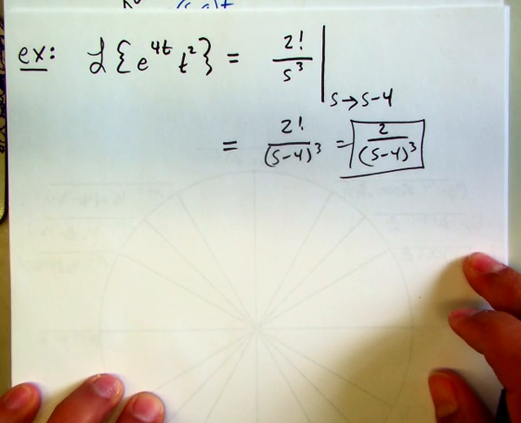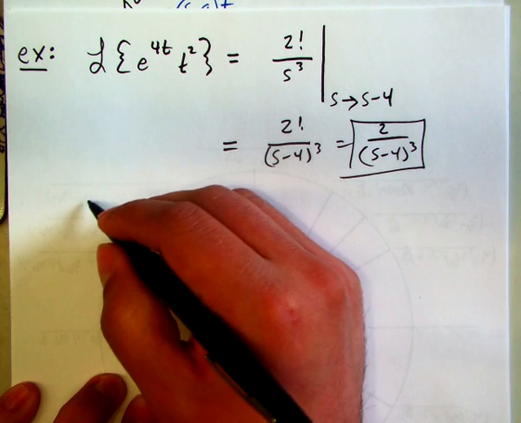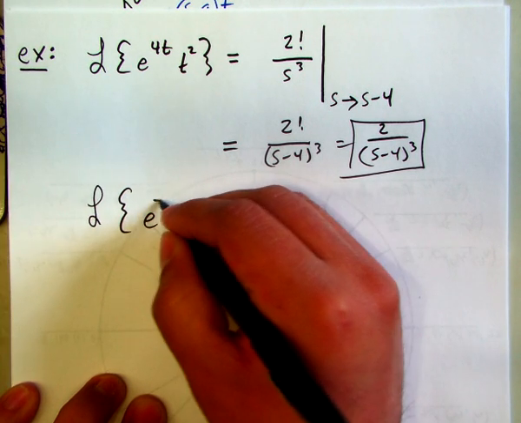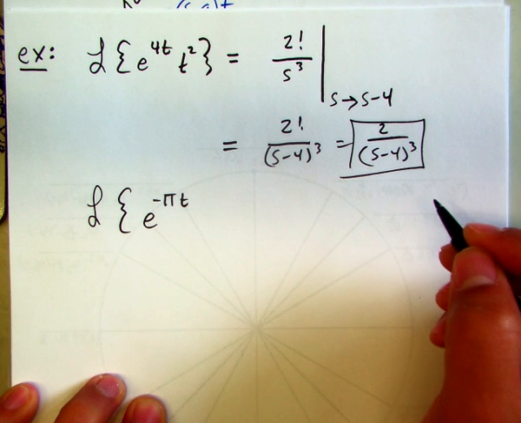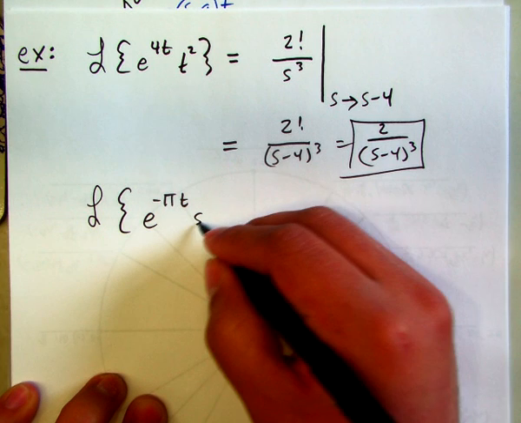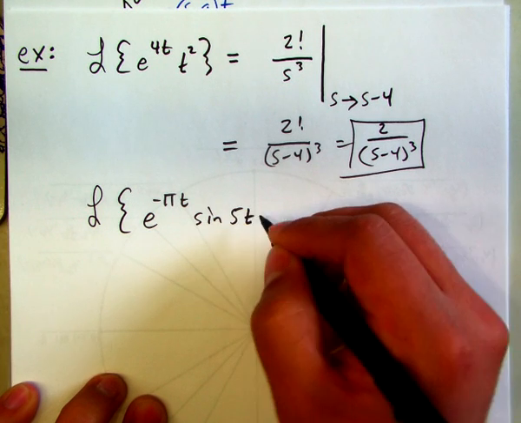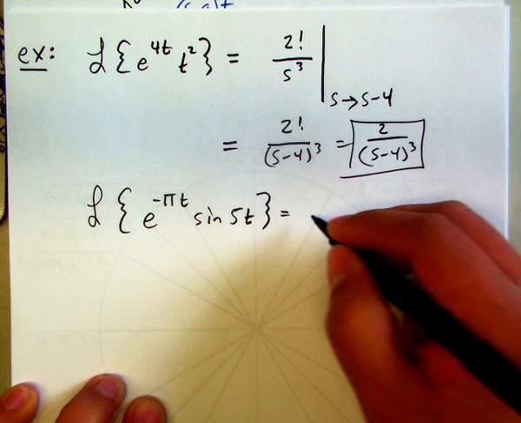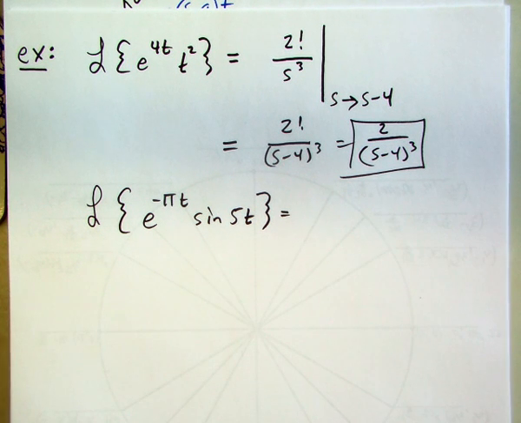Okay. One more. e to the minus pi t sine of 5t has what form?